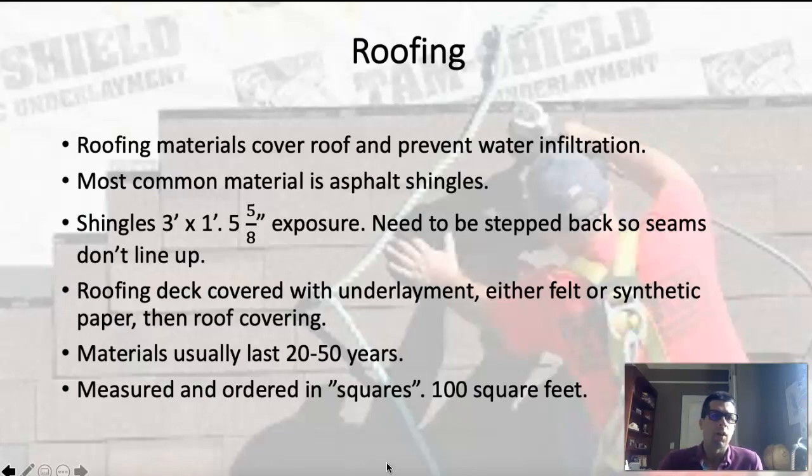I think people get confused sometimes with this, because the squares of the roof is not the same as the footprint, the square footprint of the house. If we're building a 1,500 square foot house, that's because we're looking at a bird's eye view, plan view of a rectangular area.